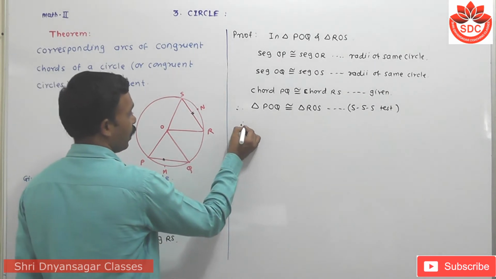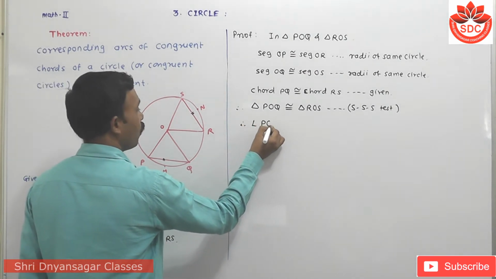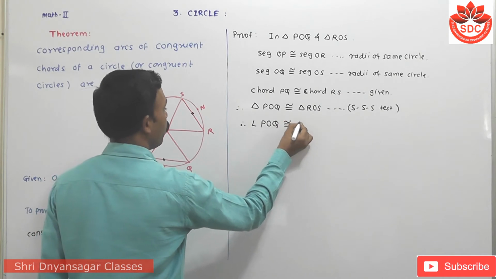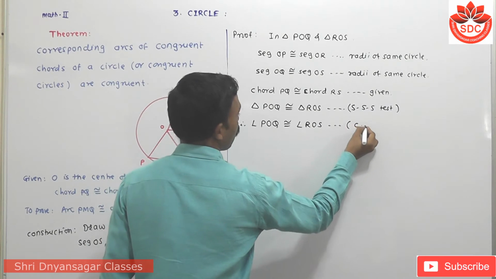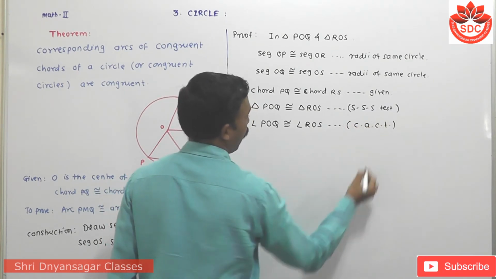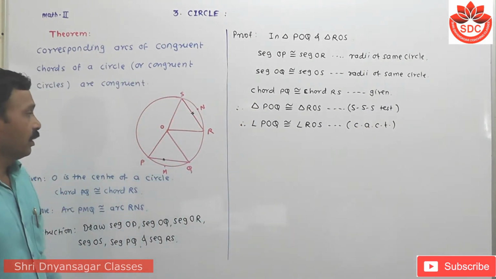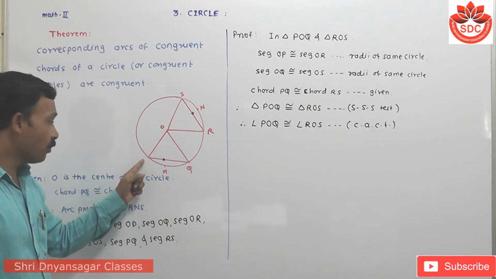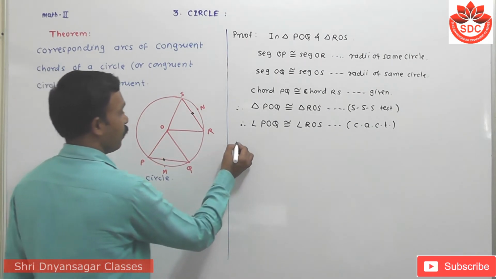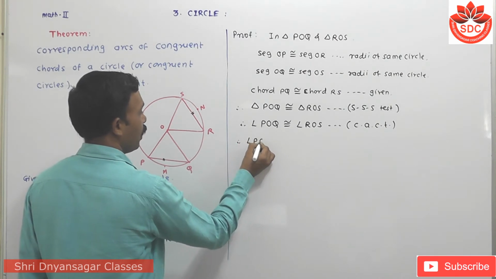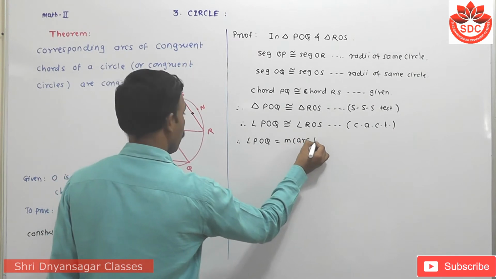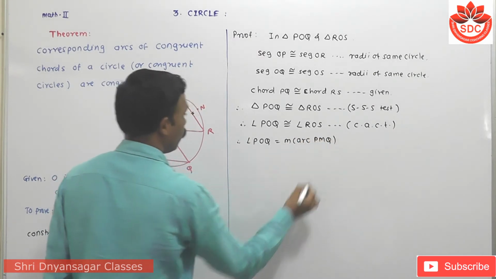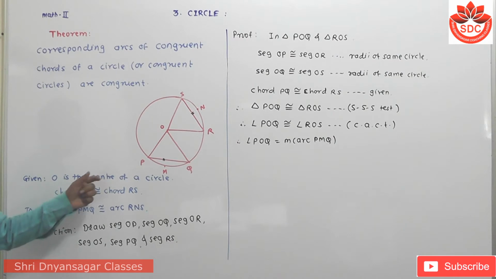So therefore angle POQ is congruent with angle ROS because corresponding angles of congruent triangles. Now this POQ is the measure of these corresponding arcs also. Therefore angle POQ is equal to measure of arc PMQ by using the definition of measure of minor arcs.